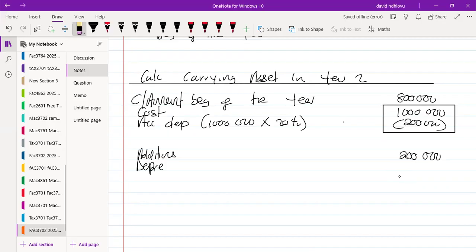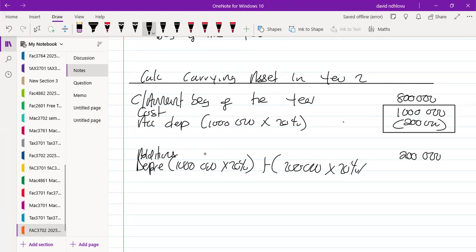So therefore, when you calculate depreciation, you say 1 million for the original asset value times 20%. Then for the swimming pool you say 200,000 times 20% times 2.